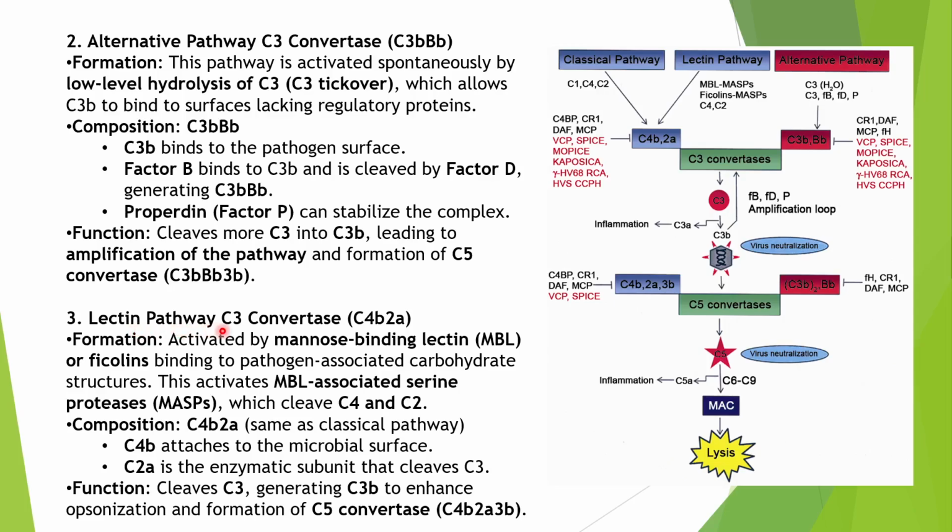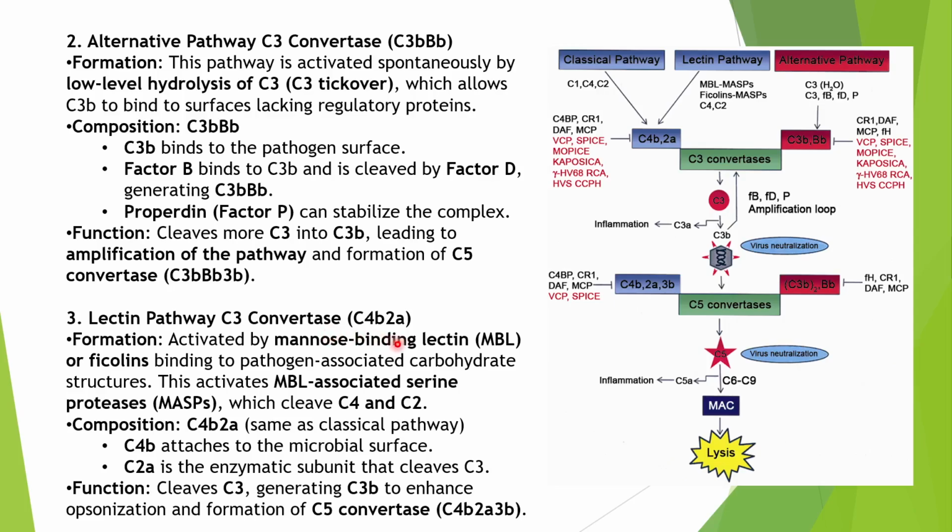Then in lectin pathway C3 convertase, we have C4b2a, similar to the classical, and it is activated by mannose binding lectin. So activation differs here. For classical, it is antigen antibody complex, and for lectin pathway, it is the mannose residues on the pathogens.